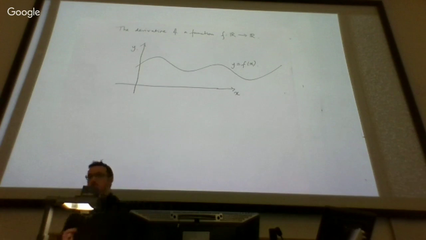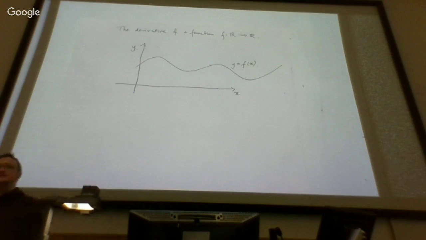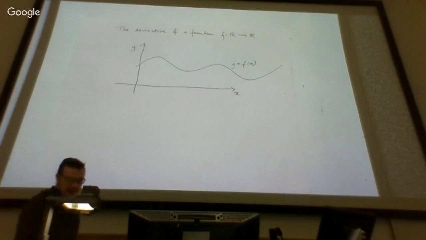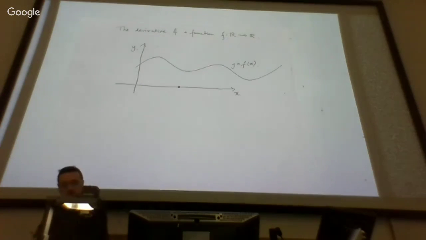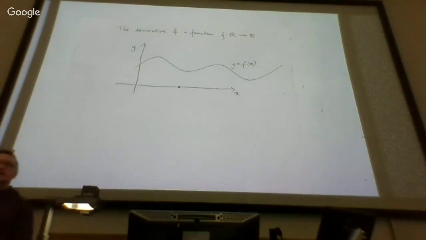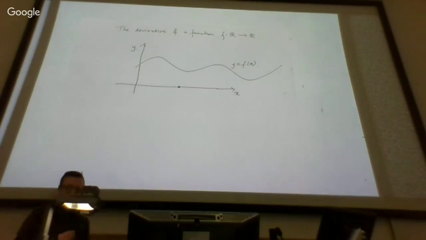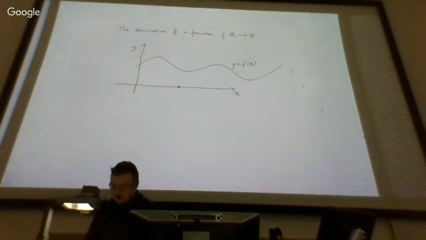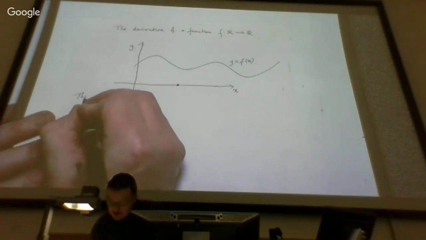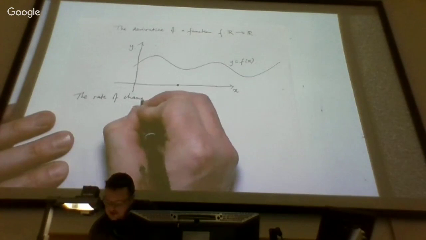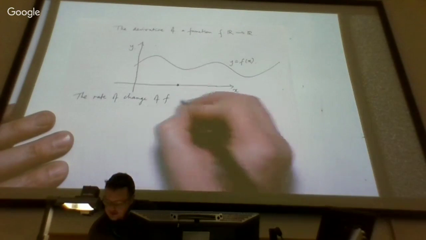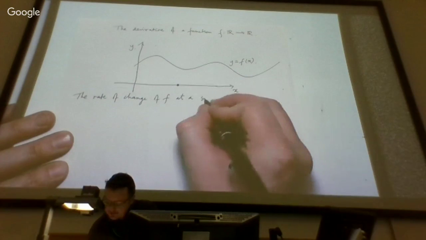Now what the derivative is, just in one sentence: the derivative of a function is a quantity that you can attach to any point in the domain, and the derivative tells you how fast the function is changing at that point, or the rate of change of f at a single point.